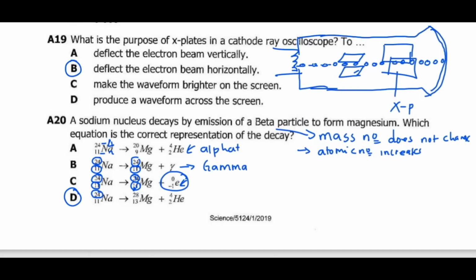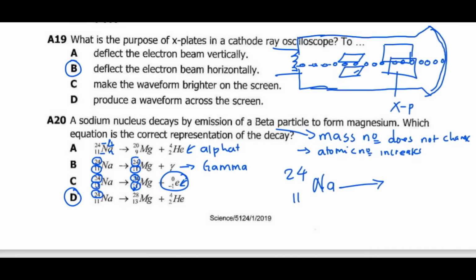First, let me try to look at this one. If we have 11, we are supposed to have at least 12 here. I'm sure there should be an error. According to me, if we get 24 as the mass number and 11 as the atomic number, then you have this sodium.